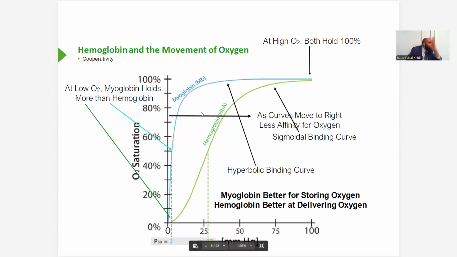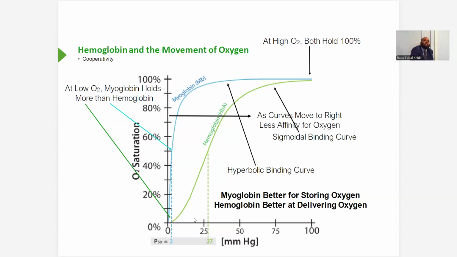But when I shift right, you see 100 is on the right. 100 means I have a lot of oxygen. So now hemoglobin will have a lot of oxygen, because it's not going to give it to you. Hemoglobin will only have low oxygen if you have low oxygen, because it's going to give it to you.